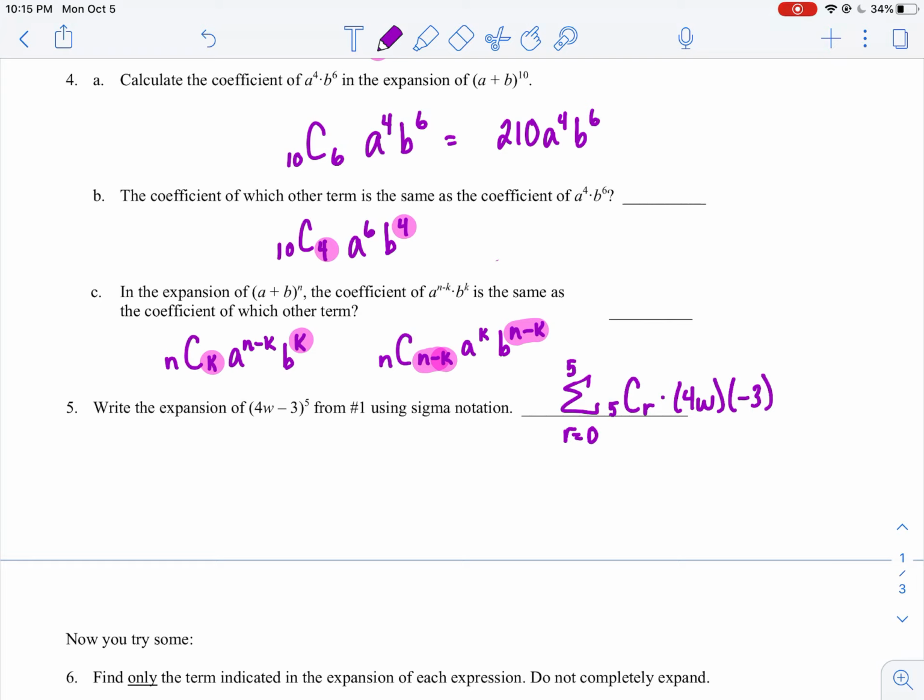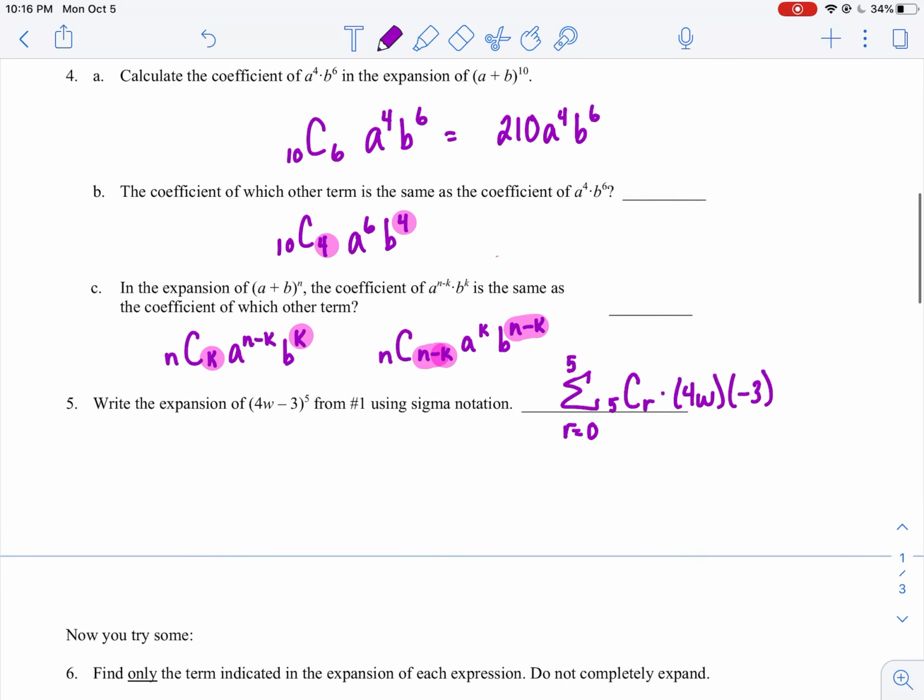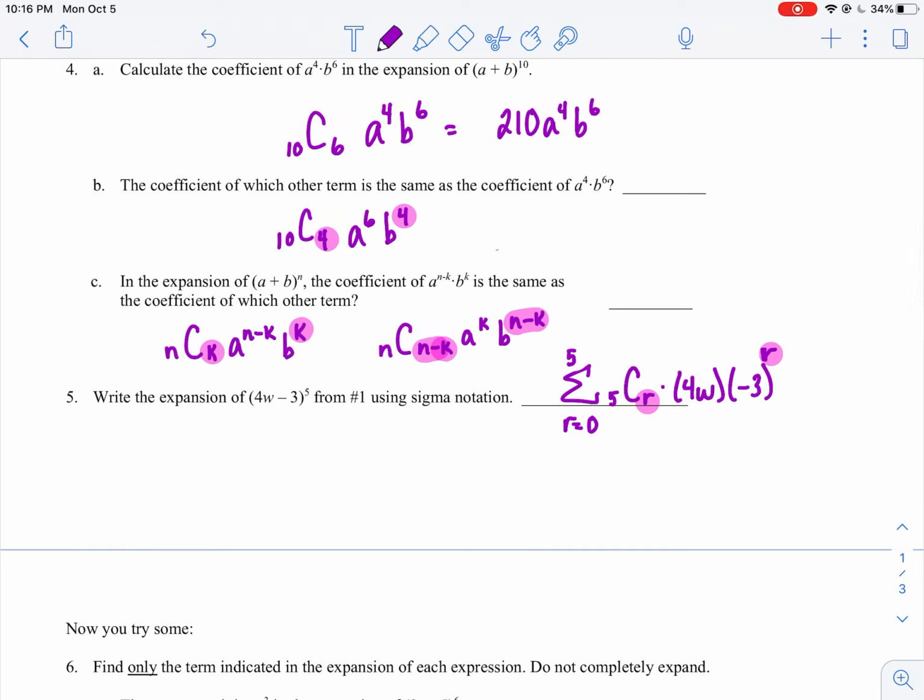Okay. Well, we also now know that that R should match up with what's up here. So that would mean that the R would go up there, which means that if that's R, then the other power that's on 4w is 5 minus R. Because we know that those two powers should add up to 5, since that is what we were raising it to.